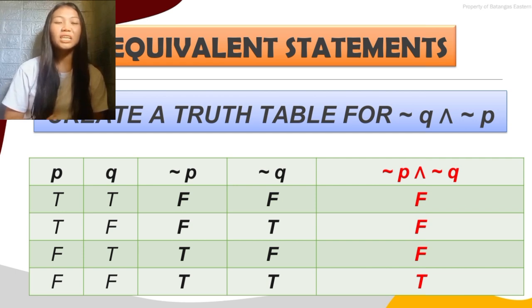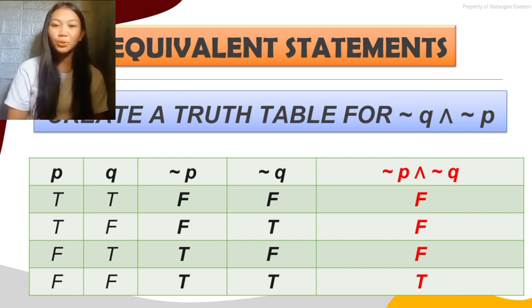So, to get not P and not Q, we base on the not P and not Q columns. Once there is a false in one simple statement, the compound is false. So we look at not P and not Q. Since both are false in the first row, the answer for not P and not Q is false.